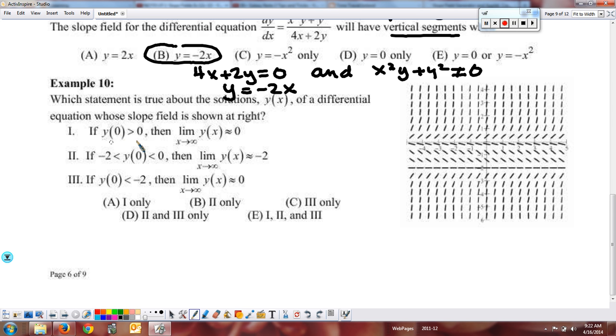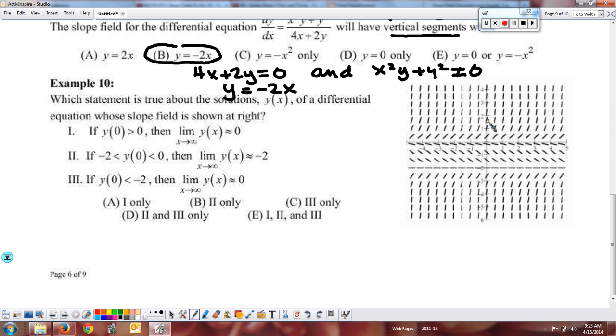So x is 0 is on the y-axis, and then I'm looking at y greater than 0. These are all the points above the x-axis, or on the y-axis above the x-axis, and they want to say the limit as x goes to infinity of y of x approximately 0.